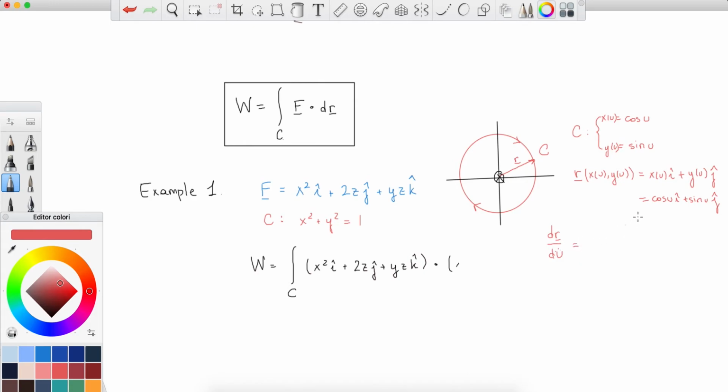It's just going to be the derivative of the components, so negative sine of u i plus cosine of u j. Okay, so we can plug this in here.